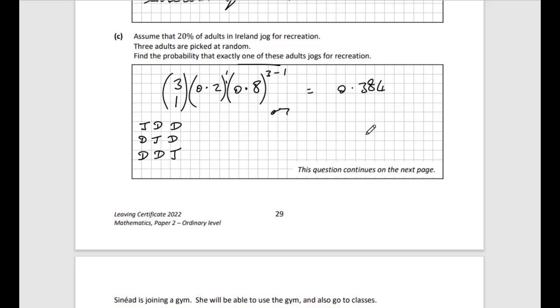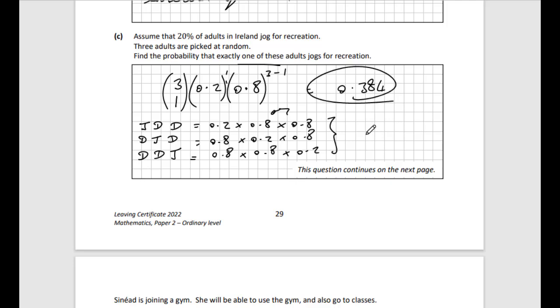The probability that someone jogs is 0.2 times 0.8 for them not jogging times 0.8. It's the same here: they don't jog, 0.8 times 0.2 times 0.8. Here it's going to be 0.8 times 0.8 times 0.2. If you do those 3, add them up, you should get the same as this here.